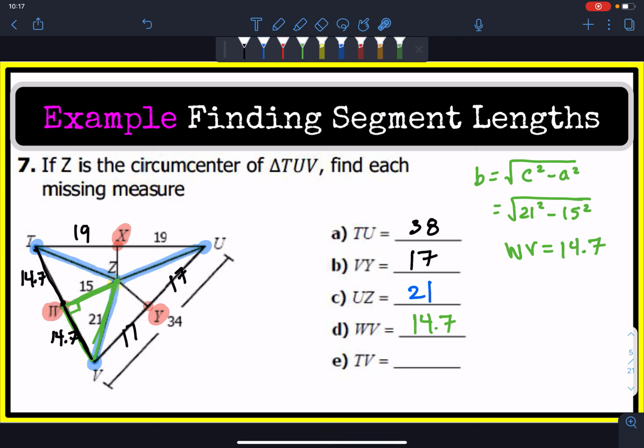So 14.7 plus 14.7 is equal to 29.4. So that is your missing measurements.